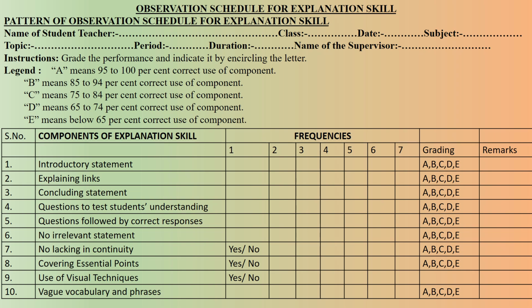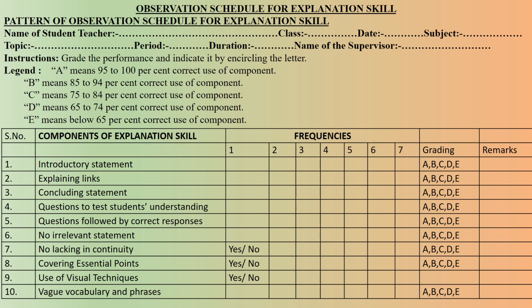The components are introductory statement, explaining links, concluding statement, questions to test students' understanding, questions followed by correct responses, no irrelevant statement, no lacking continuity, covering essential points, use of visual techniques, and vague vocabulary and phrases.